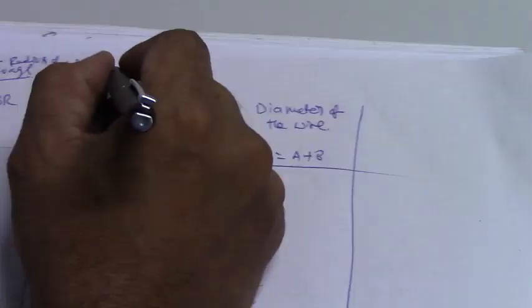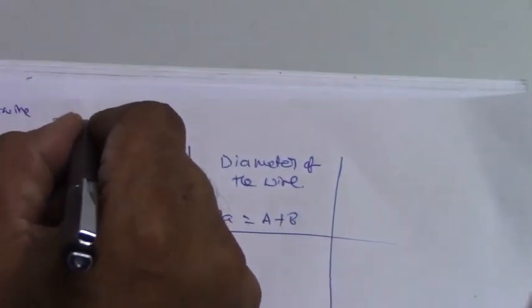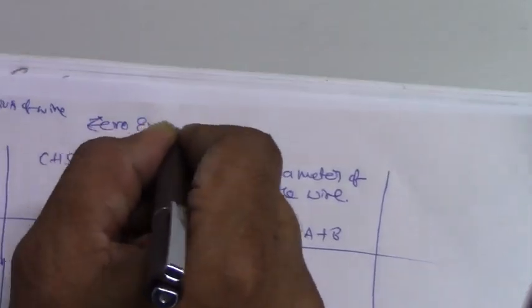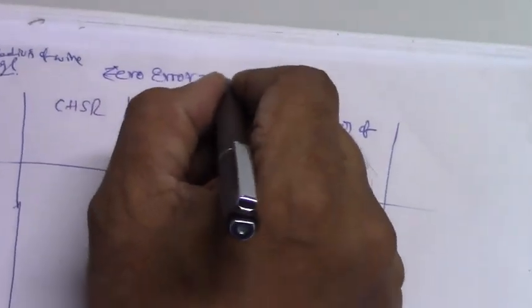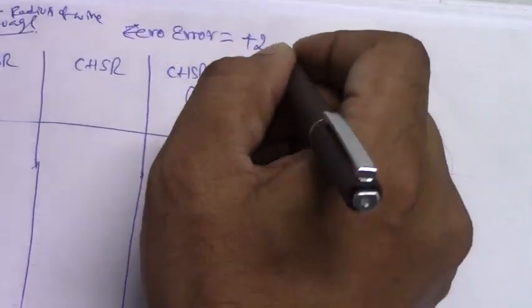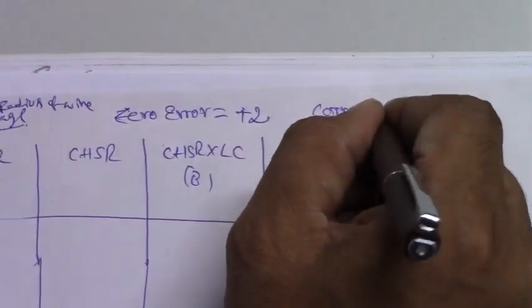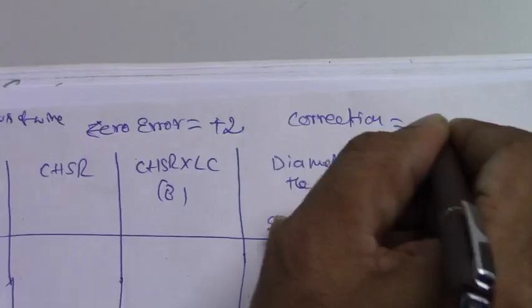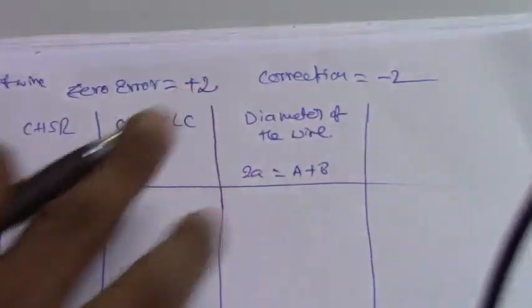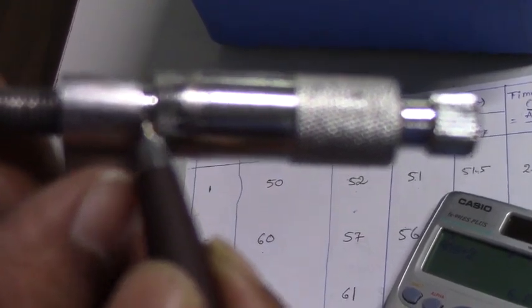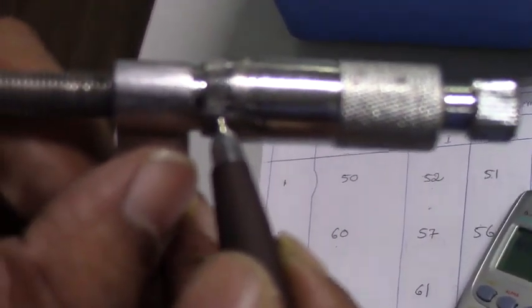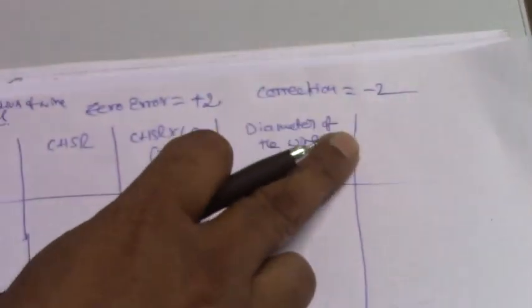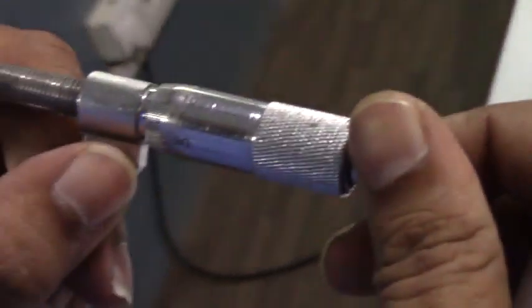Positive error, and the error is +2 and the correction is -2, because the head scale 0 is just below 2 lines of the pitch scale. How many lines below? 2. So that's why error is +2, correction is -2.